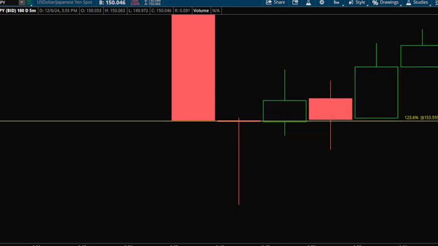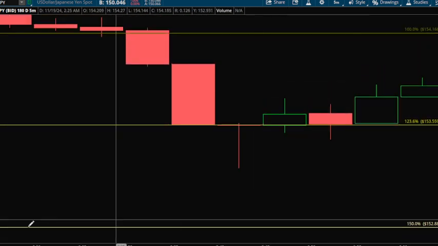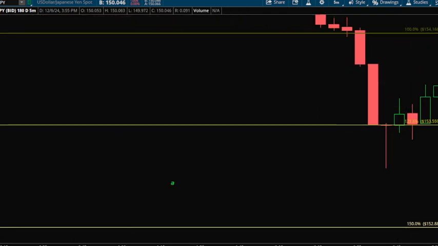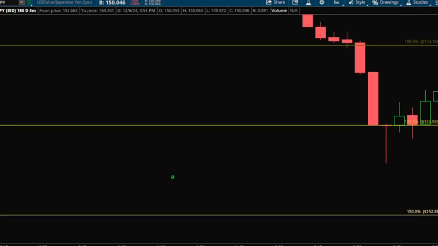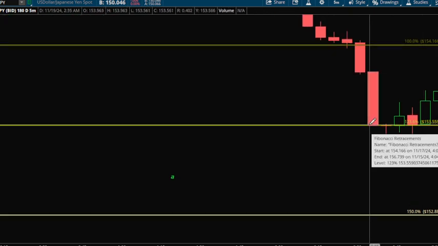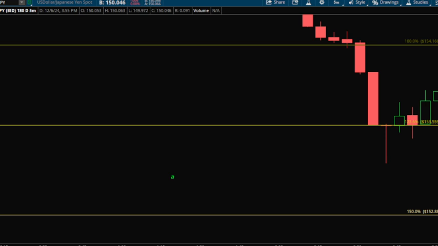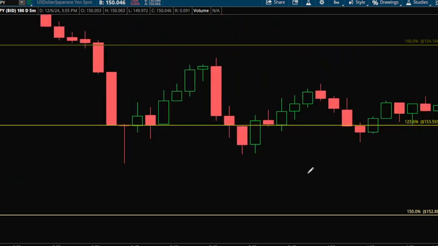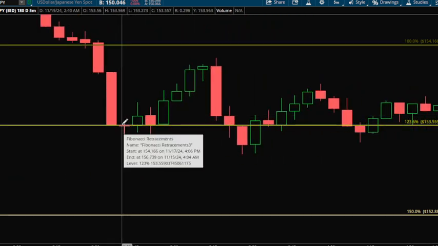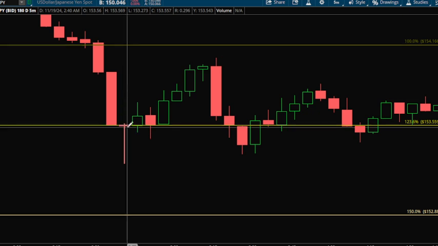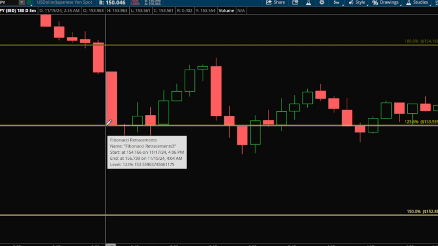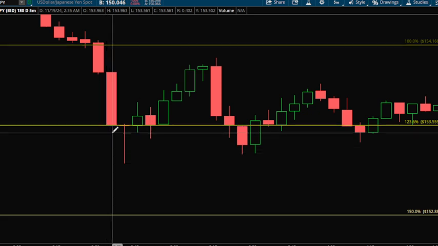Let me see here. Well, those are the kind of things that when you see that and you assume, or for I do, I assume they're expanded flats when the fib doesn't hit exactly, and I can't ever go back on a smaller time frame to prove that's what it was.